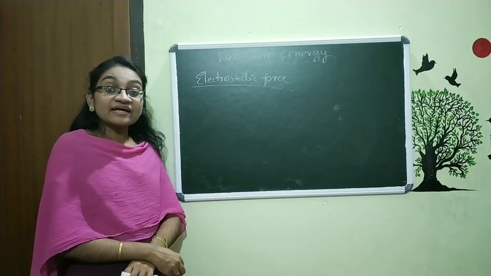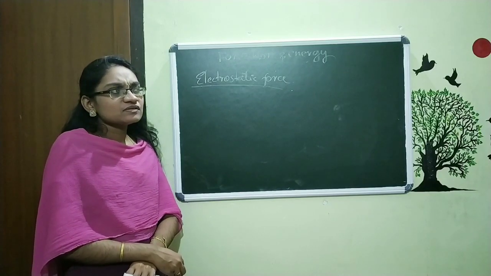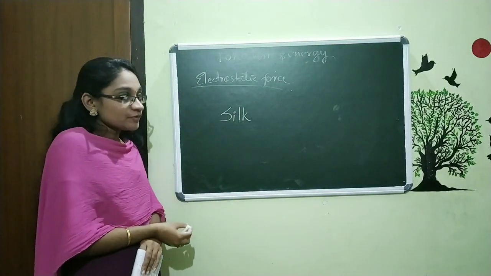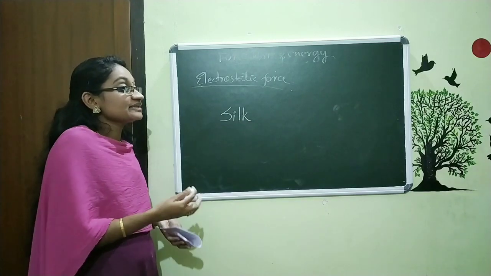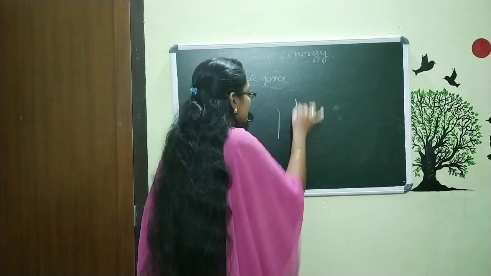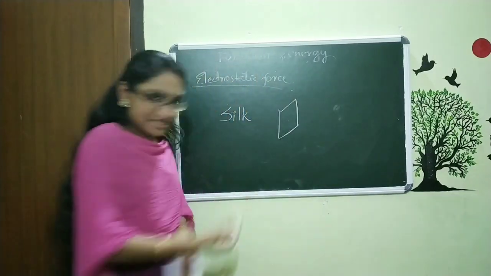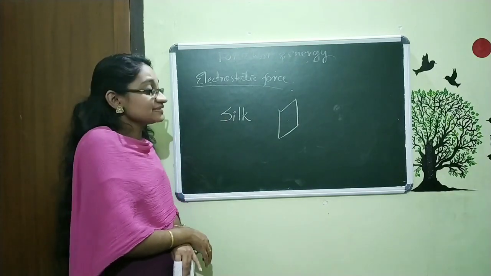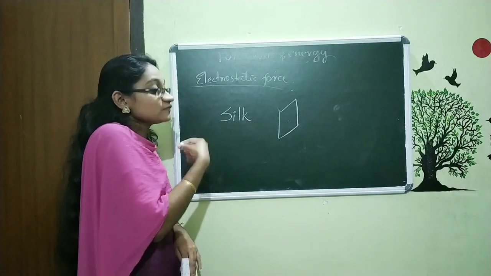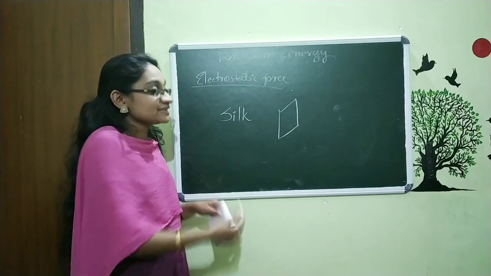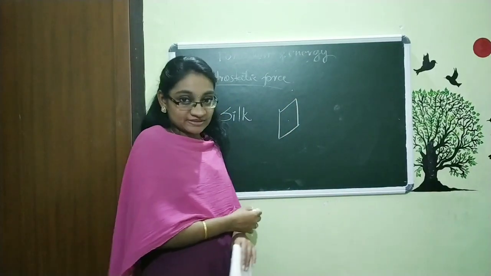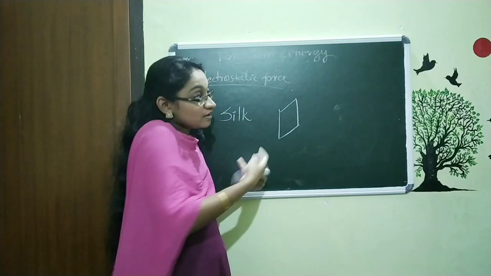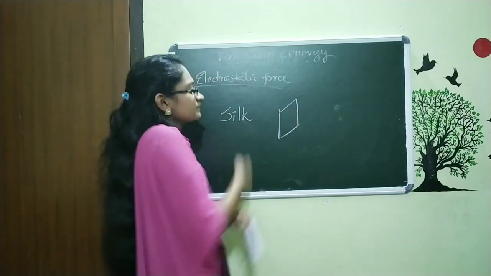For example, when we are ironing clothes, like a silk sari or silk shirt, you can feel that our hair is getting attracted to that piece of silk sari or silk shirt or some polyester sari or shawl. We feel some sort of attractive force, and the hair on our hand is getting attracted to the sari or the shirt.